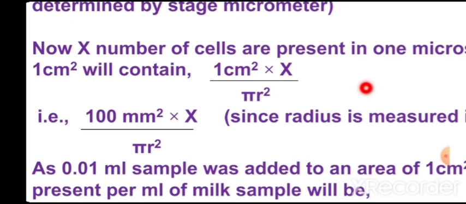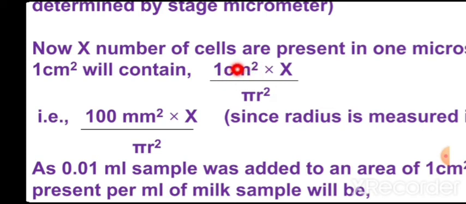It will be 1 centimeter square into x divided by pi r square. This is a simple cross multiplication.